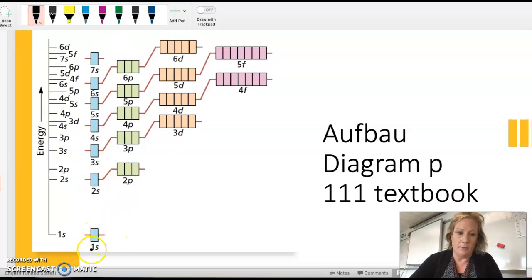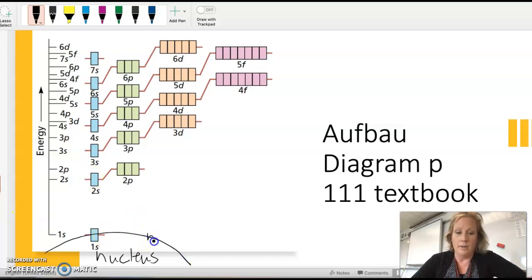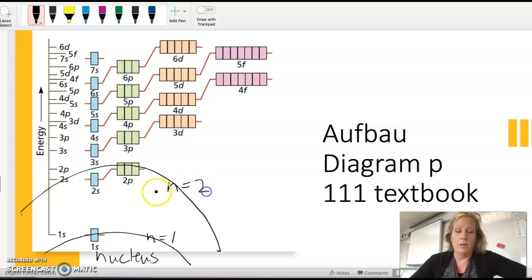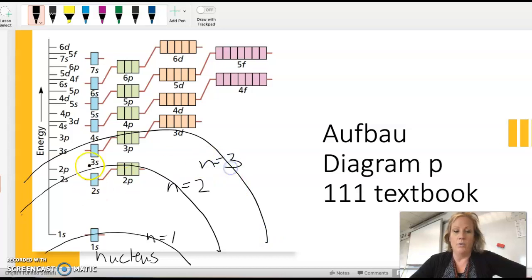What it's showing is, this would be the nucleus down here, and if we were believing in rings, that's the first n equals 1 energy level, and then n equals 2, and then n equals 3, and that one gets a little bit messier. You can see there's some overlapping here, so let me show you how it works.